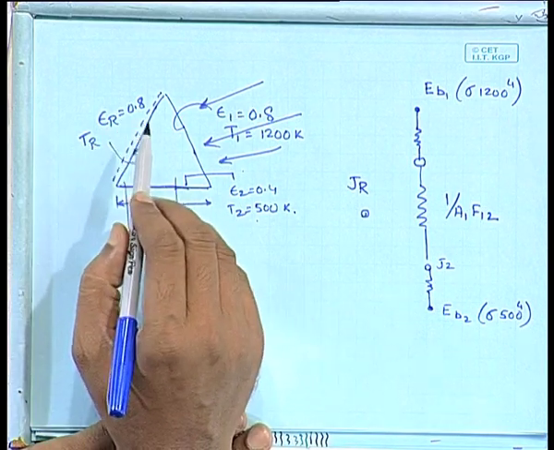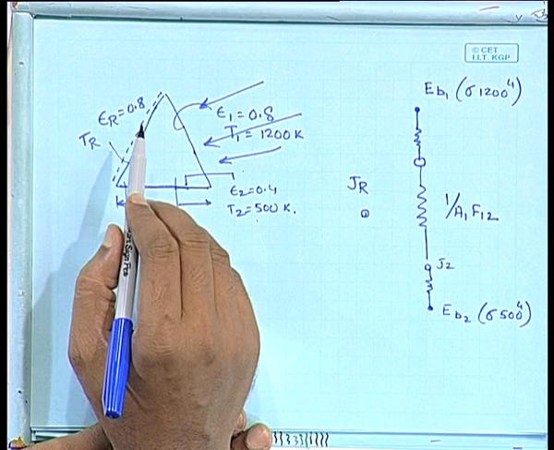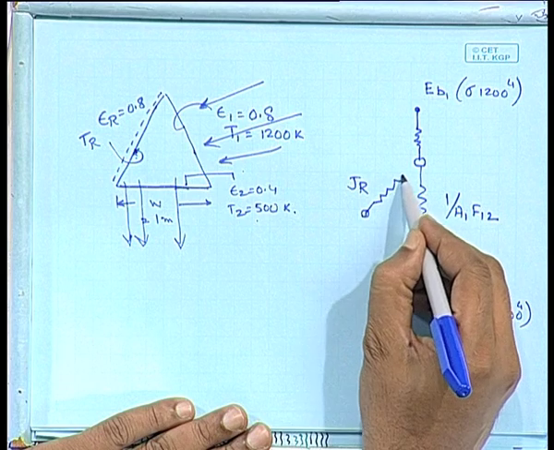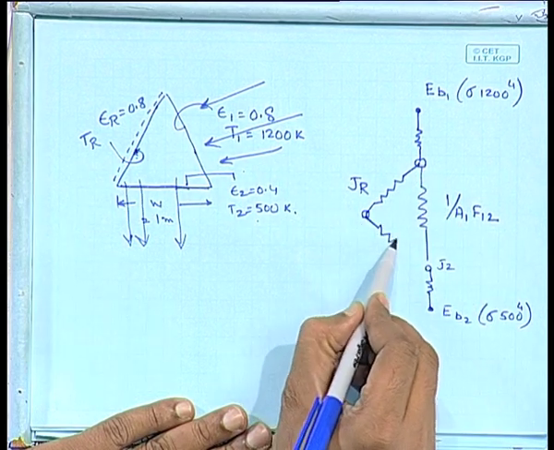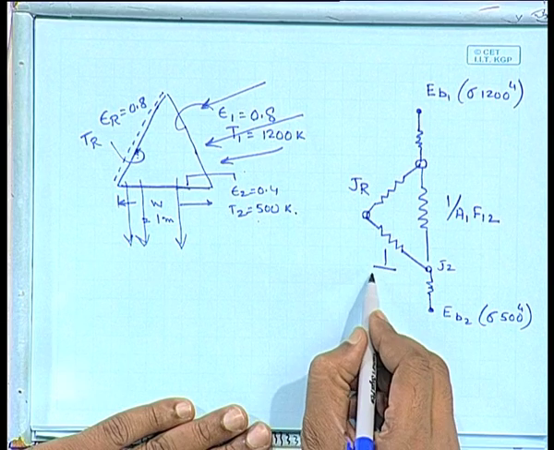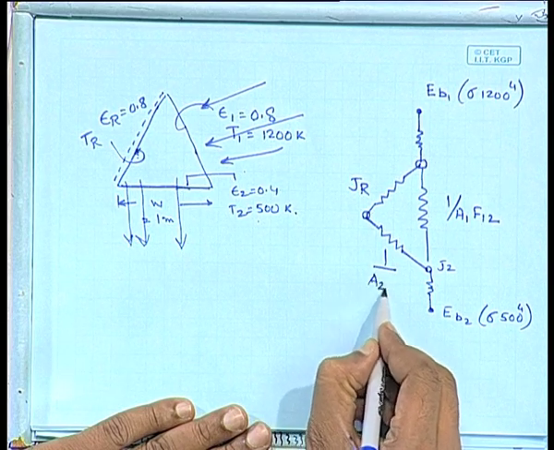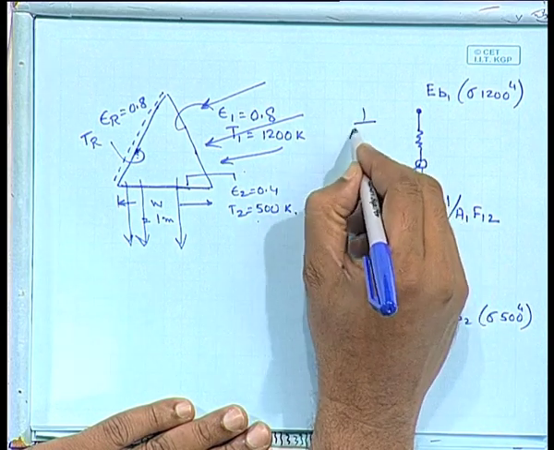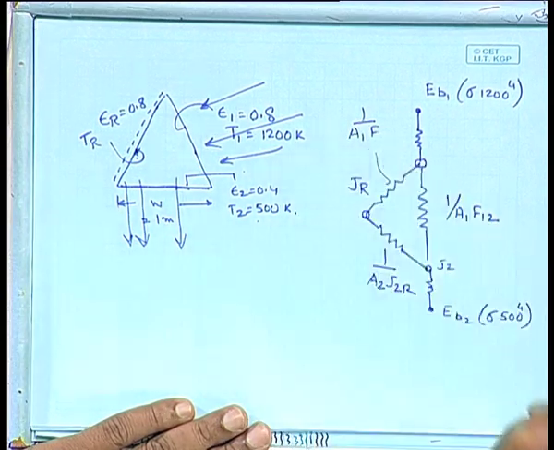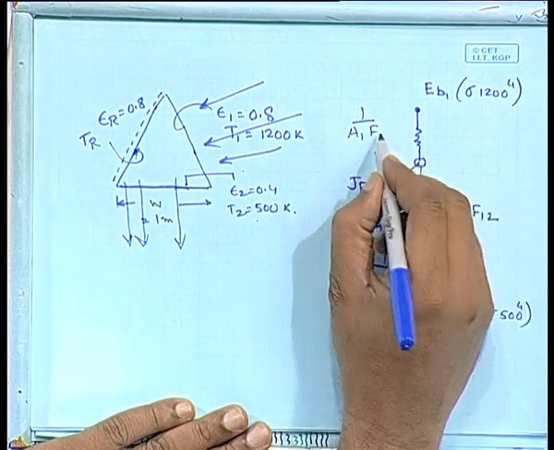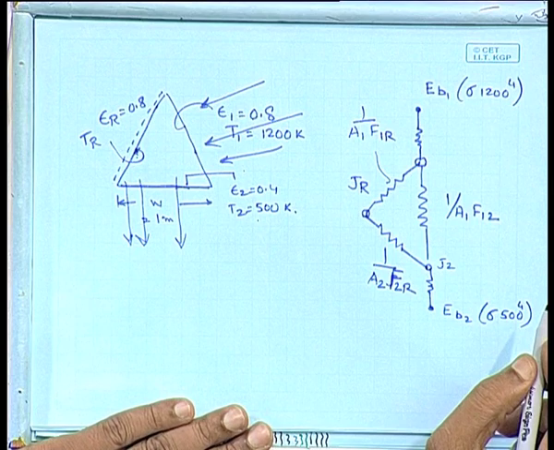You can stop me anytime if you want some more clarification. So, this JR and J1, and JR and J2 are also connected. This is going to be 1 by A2 F2R, and this is 1 by A1 F1R.